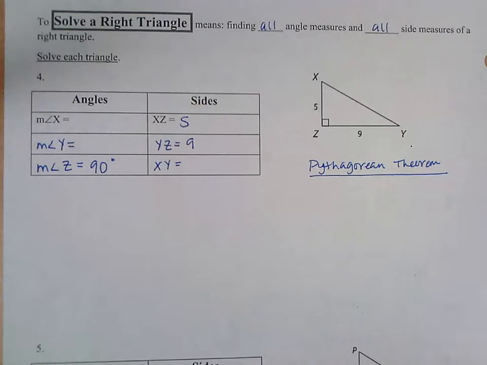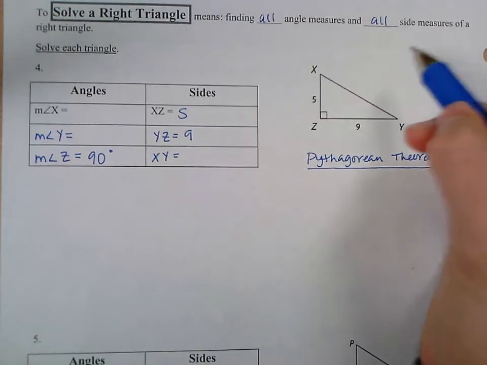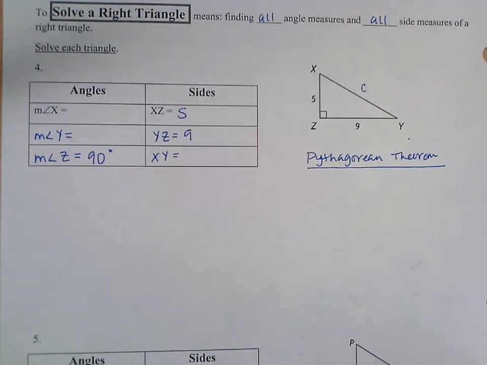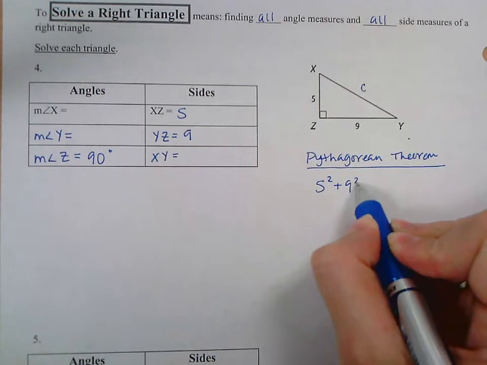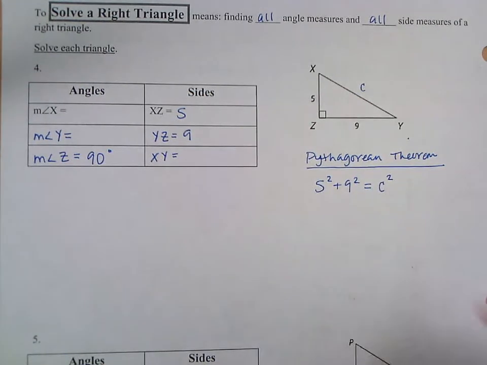So let's just say I'm going to call this C because it's the hypotenuse. I want to set it equal to something. So I would say 5 squared plus 9 squared equals C squared, equals my hypotenuse squared.